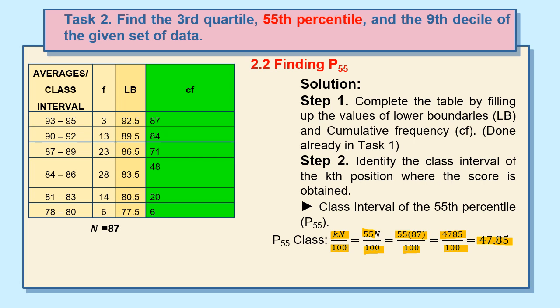So our 55th percentile class has the average 47.85. Now note that in the cumulative frequency column, the 21st to 48th average belongs to the class interval 84 to 86. Therefore, our 55th percentile class belongs to this interval.